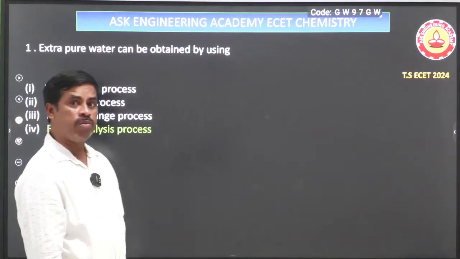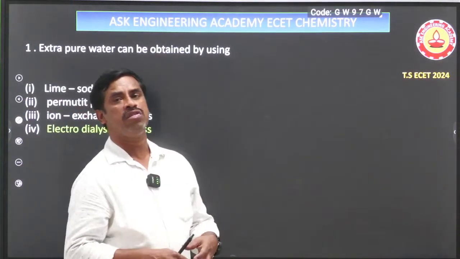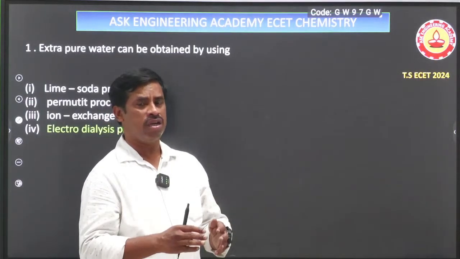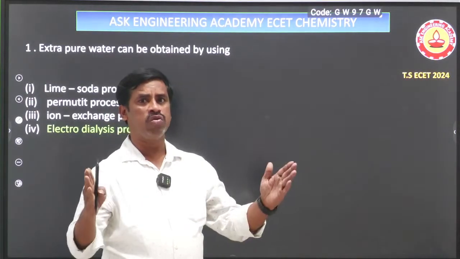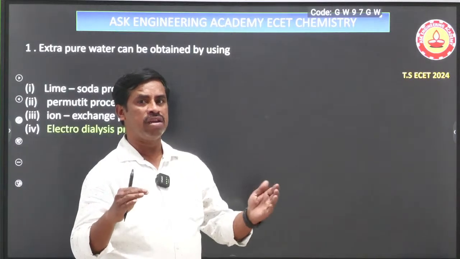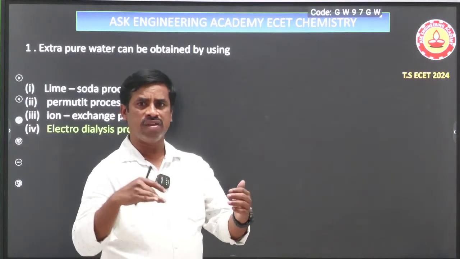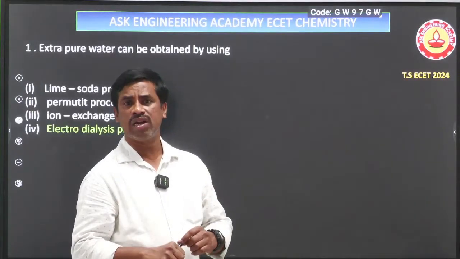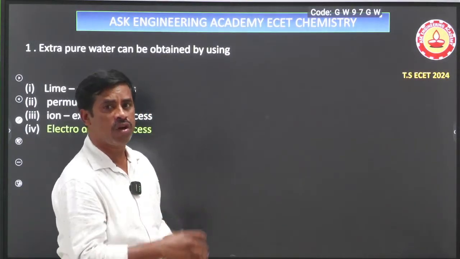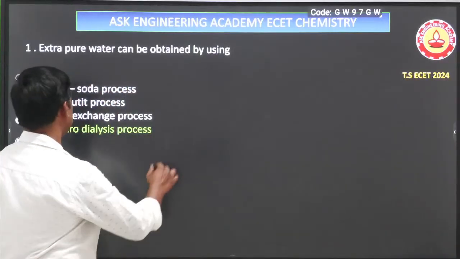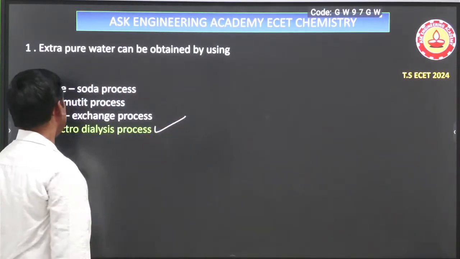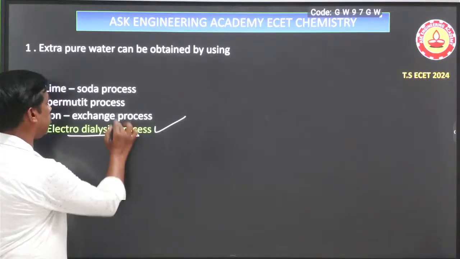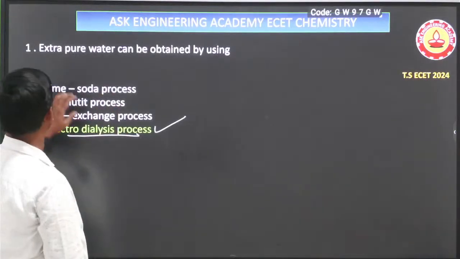Electrodialysis only, 100%: whatever ions are dissociated in the water, that salt is going to dissociate into cation and anion. All cations and anions move towards the respective electrodes and completely extra pure water is obtained, so this is absolutely the option, electrodialysis. Remaining options are wrong options.